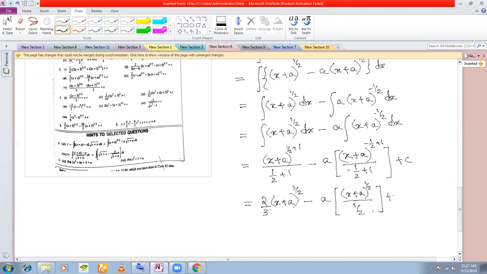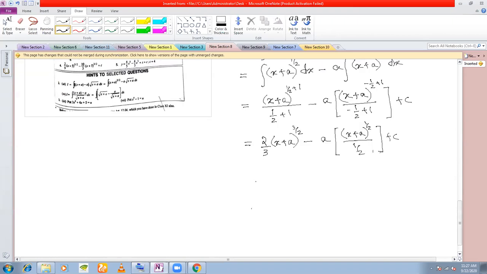So now you can simplify this further also. 2/3 can be written as square root of x plus a whole cube, minus, this can be written as 2a, because half comes up becomes 2, x plus a to the power of half as root x plus a, isn't it?